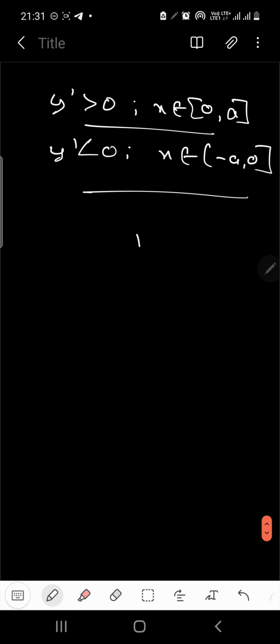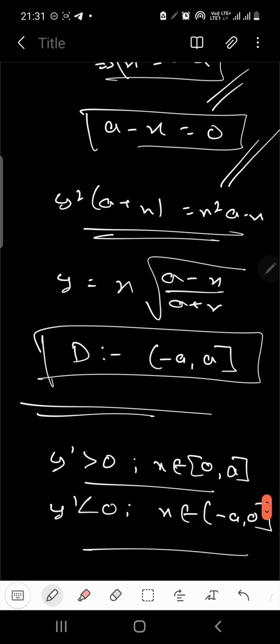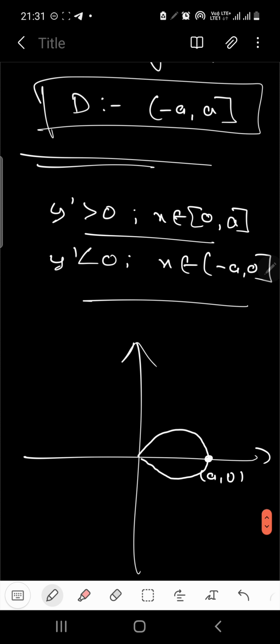So now we will use all these things to trace it. First thing, we have a, 0 as a point and we have a node at the origin. So this is one part of the curve. What is the asymptote? The asymptote you are getting is x equals minus a.